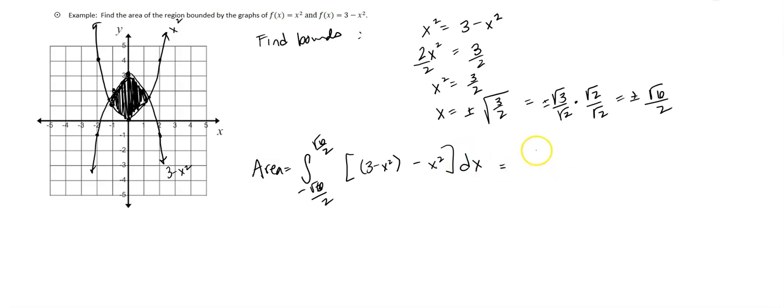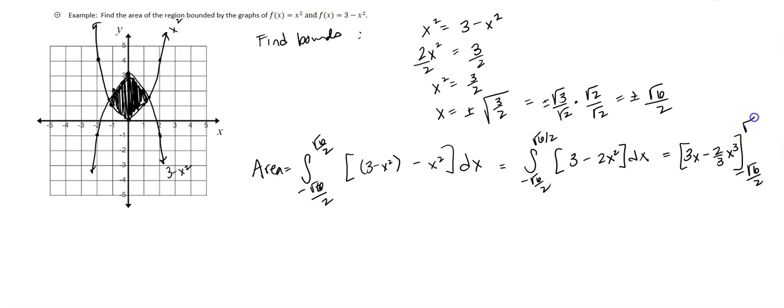So when I do that, I can simplify a little bit. I'll have the integral from negative square root of 6 over 2 to square root of 6 over 2 of 3 minus 2x squared, because I've got x squared twice with a negative. And that will give me 3x minus 2/3 x cubed when I integrate.